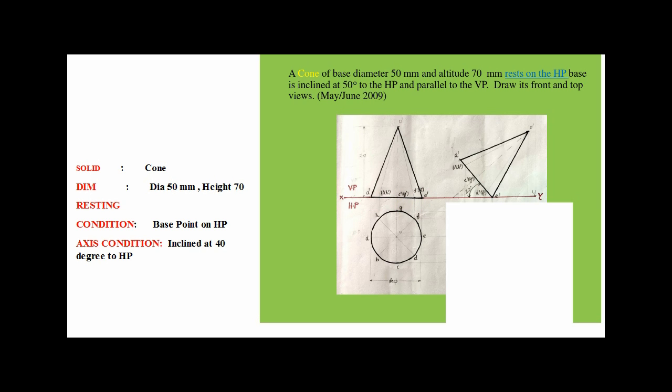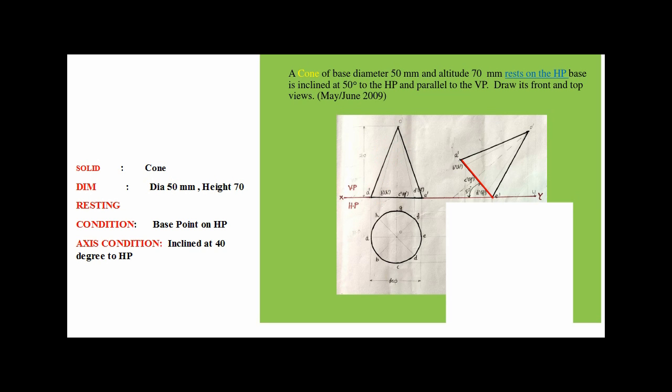Now draw the baseline in such a way that this distance is equal to the measured distance. Without changing the dimension of the first stage front view, draw the semicircle. Now measure the distance between E dash and O dash. Similarly, measure the distance between A dash and O dash.